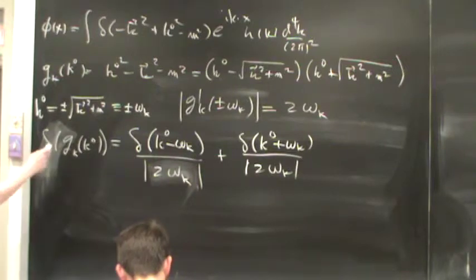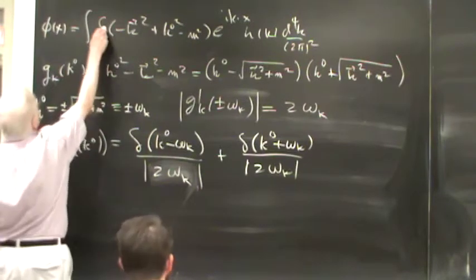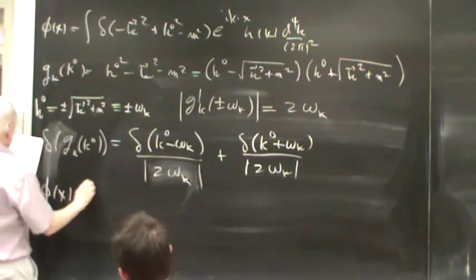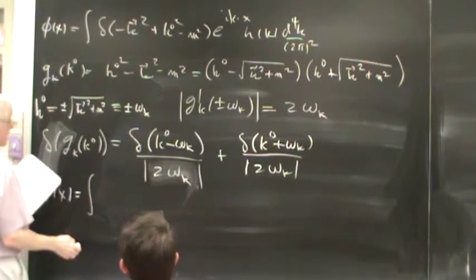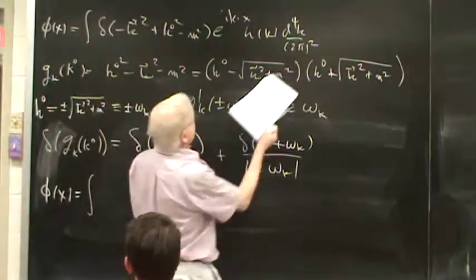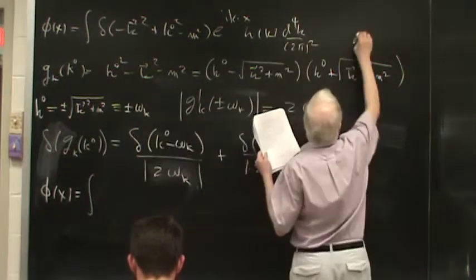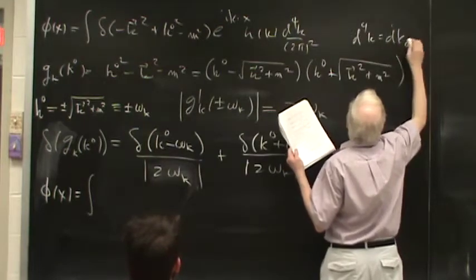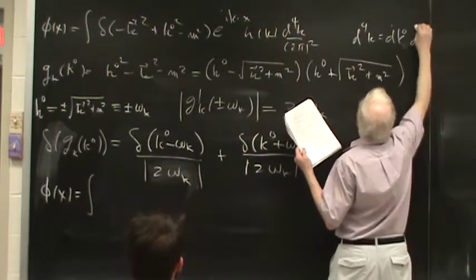Now, if we substitute this in there, what do we get? We get phi of x is an integral, and you see we have a d^4k here, and d^4k is dk0 d cubed k.